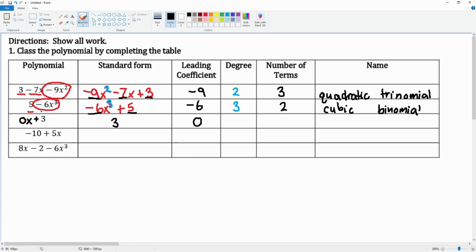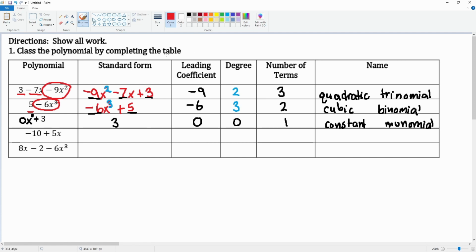The degree, x to the 0 power, so the degree is 0 degrees. There's 1 term, okay? So the degree 0 makes this a constant. And the 1 term makes it a monomial.